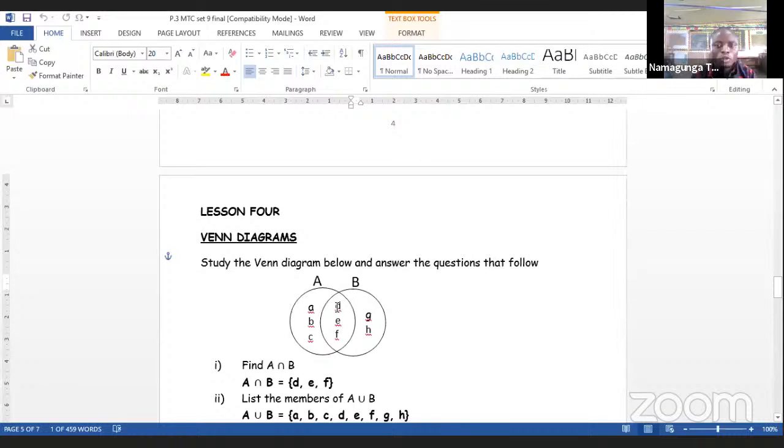I think you're able to see. So the whole of this part here is set B. So the members of set B, we have D, E, F, G, and H. The members of set A, where set A is passing, we have A, B, C, D, E, and F.